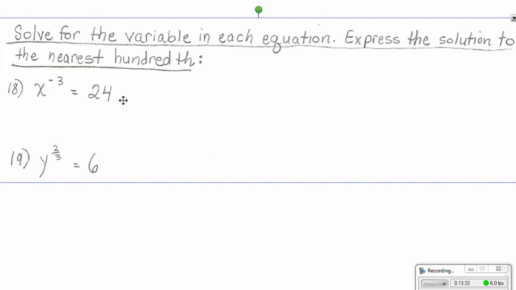Alright, so to the nearest hundredth. Once again, in order for us to do this one, we raise each side to the negative 1/3 power. Simply then x equals 1 over the cube root of 27.